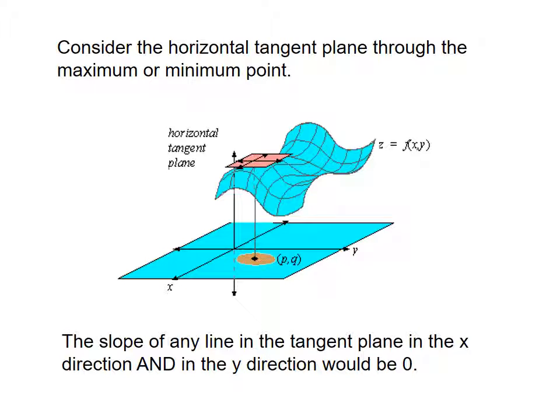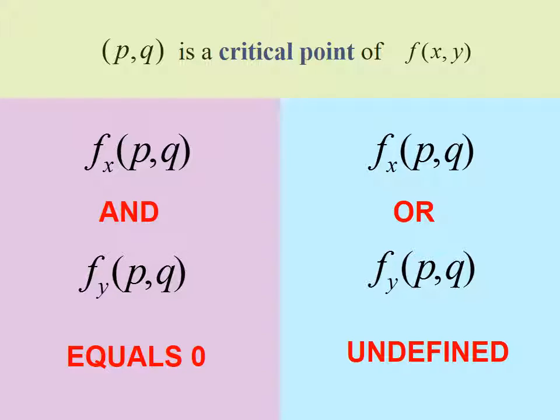And here's just a pictorial version of what we just said. The slope in the x direction and the slope in the y direction have to both be 0. And so here is our definition for critical points.